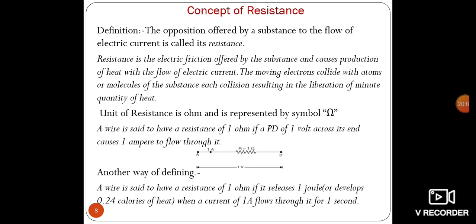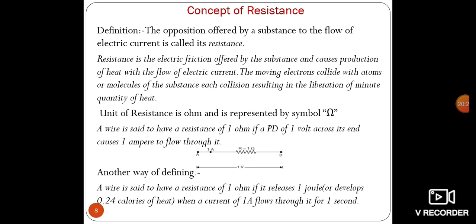Unit of resistance is ohm and is represented by the symbol given in the slide. So what is the unit of resistance? It is the ohm. A wire is said to have a resistance of 1 ohm if a potential difference of 1 volt across its ends causes 1 ampere current to flow through it.